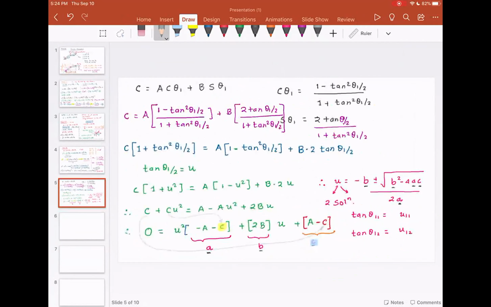But one thing I want you to remember is that this substitution always helps. So wherever possible, try to convert the equation into this form and then make the substitution.